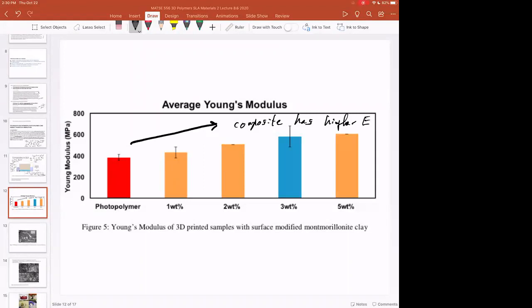So Young's modulus is usually E, or capital E. You see that we don't need many particles in order to make a difference, even within the error bars, in the stiffness of the material. And so we can have relatively low particle loading and still see composite benefits.